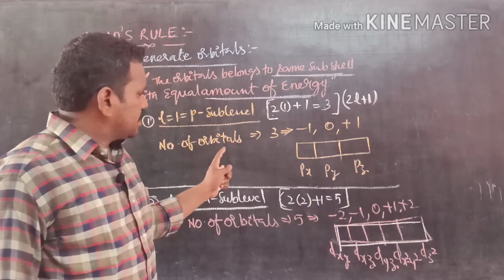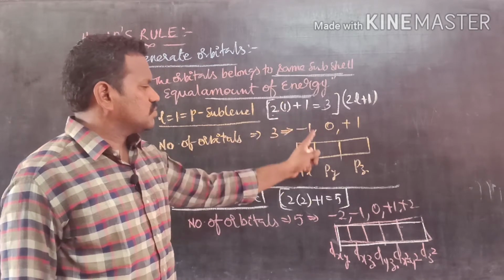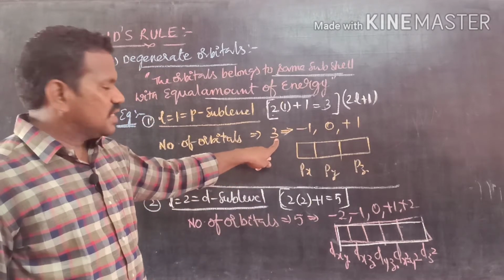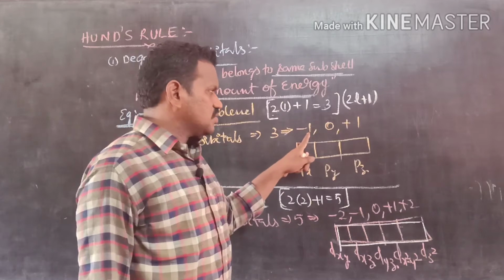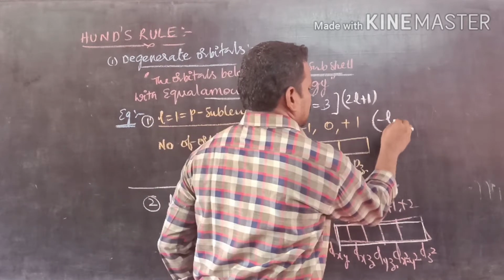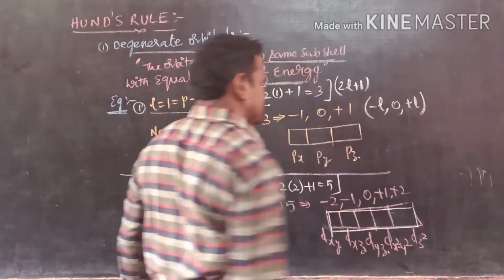That is 2 of 1 plus 1, which is 3. Their magnetic quantum number values are -1, 0, +1, because they start at minus l, then 0, and then plus l.